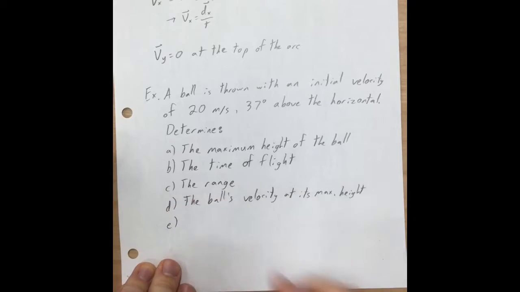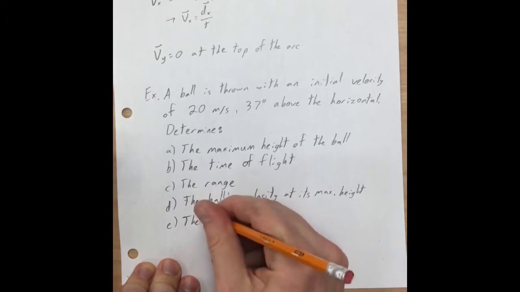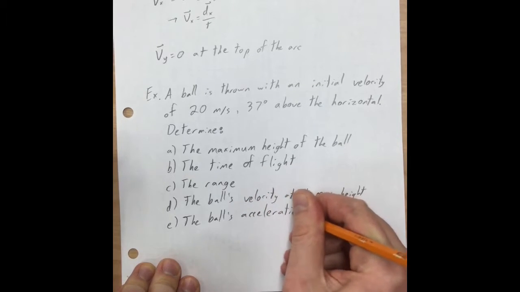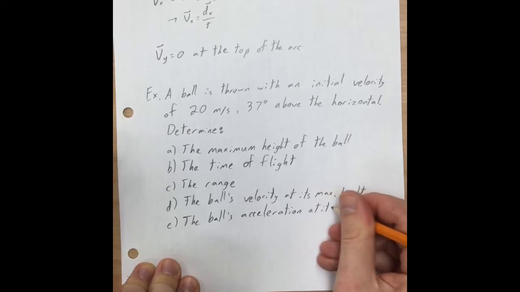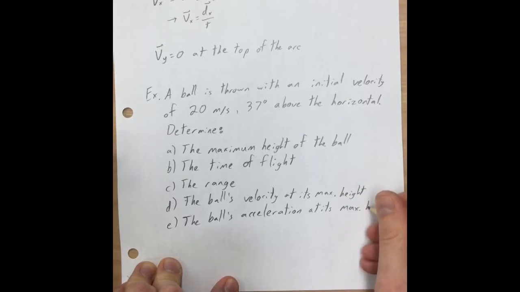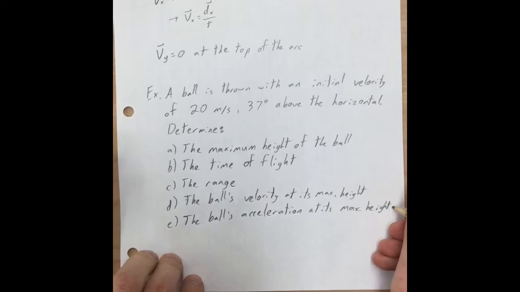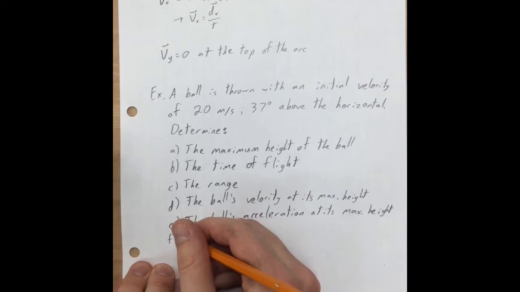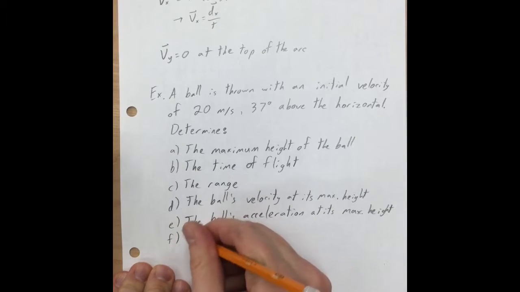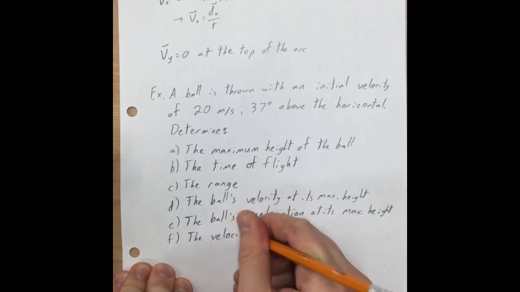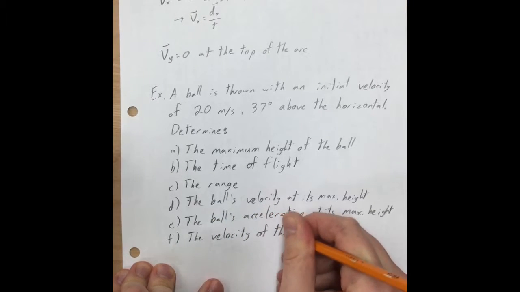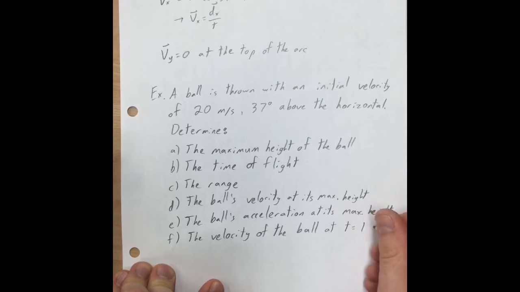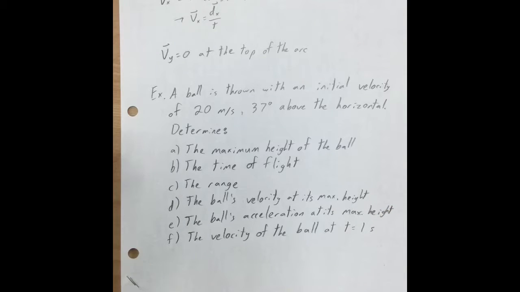We're going to find the ball's acceleration at its maximum height. And last but not least, we're going to find the velocity of the ball at t equals 1 second. So 1 second into its flight, what is its velocity?